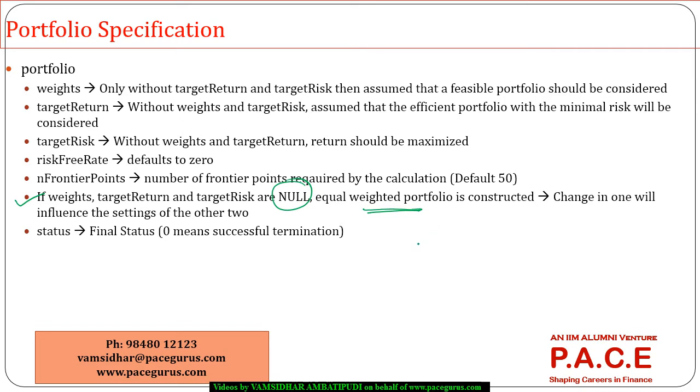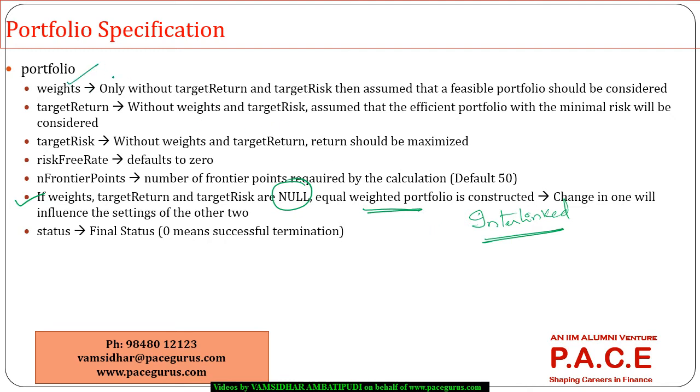The default is, if I don't change anything, I will get an equal weighted portfolio, right? And we have to understand these three are always interlinked. The moment I am changing one of them, it will impact the other two. So we have to see whether I am leaving it blank.